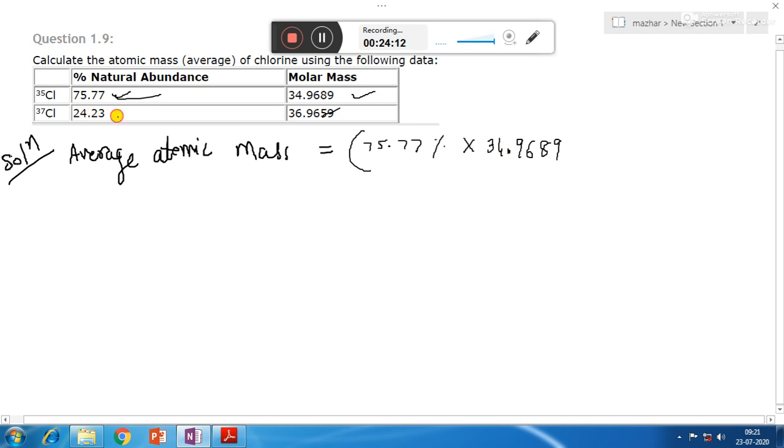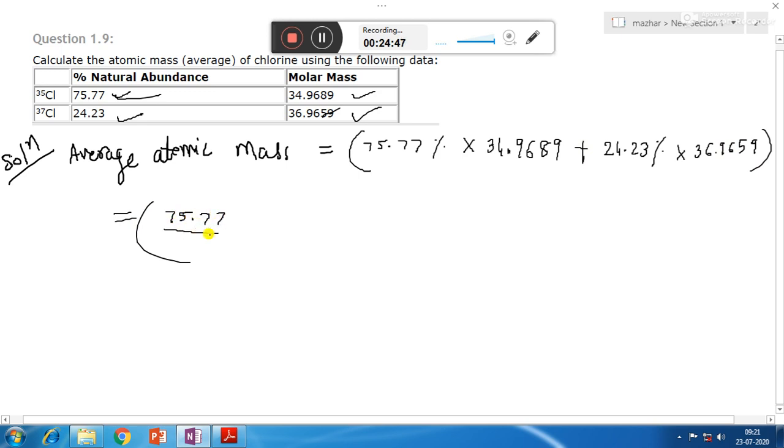Similarly, we have to take the percentage natural abundance of the second isotope, so that is 24.23%, and multiply it with the corresponding molar mass, that is 36.9659. And in between you have to put a plus sign. So always in between you have to take the plus sign. So that is equal to 75.77.